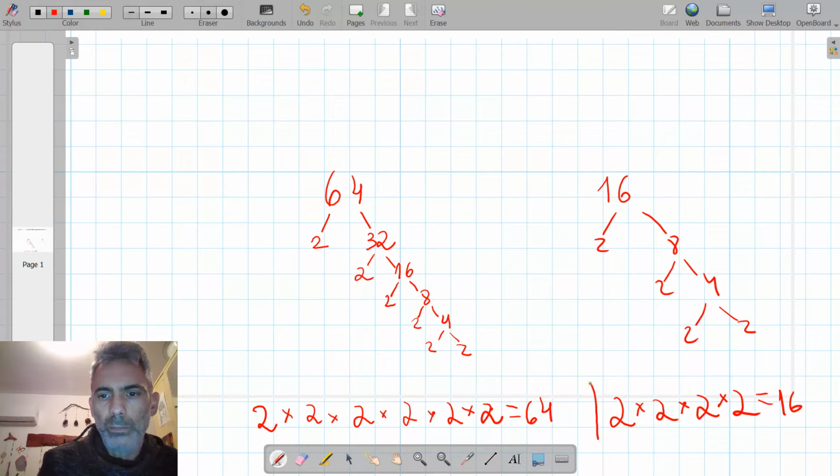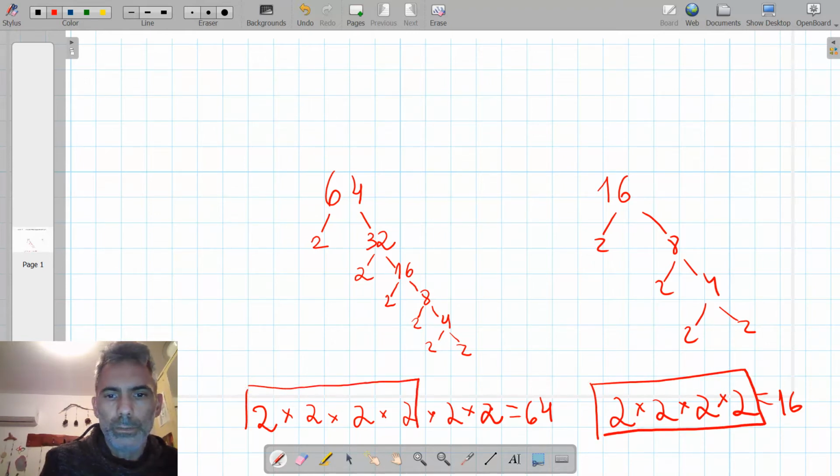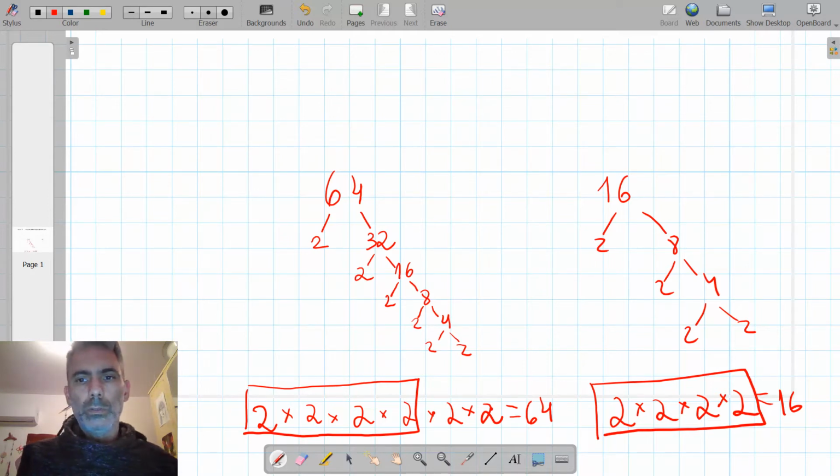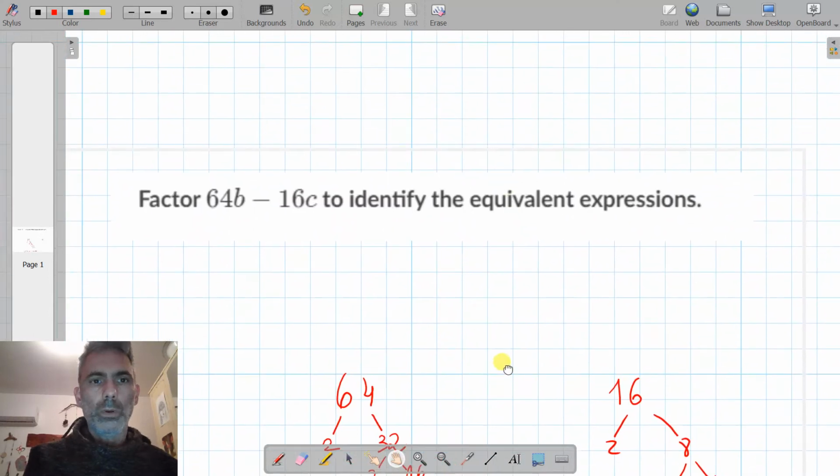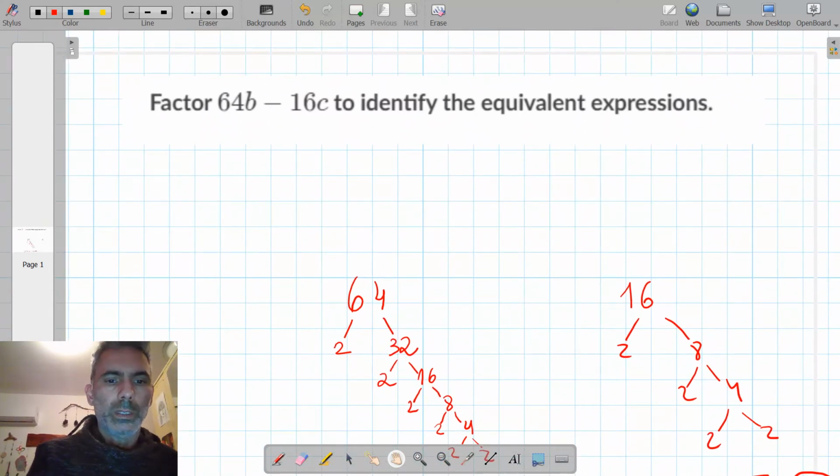So what do we have in common? 2 to the power of 4. Okay, this is present in both prime factorizations of 16 and 64. So 16 is the largest common factor of both 64 and 16.